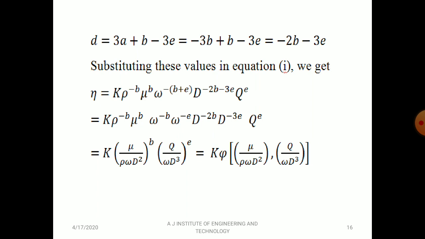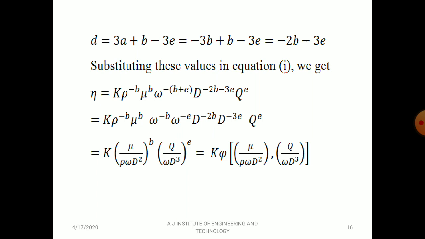So rho to the power minus b, omega to the power minus b and d to the power minus 2b go to the denominator, and it becomes rho to the power b, omega to the power b, d to the power 2b. So I can club together mu divided by rho omega d square to the power b. Similarly, the expression for the power of e: q divided by omega into d cube to the power e.